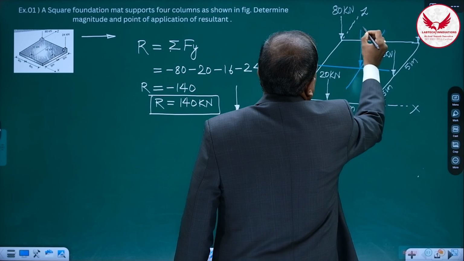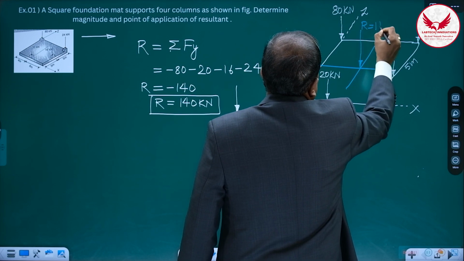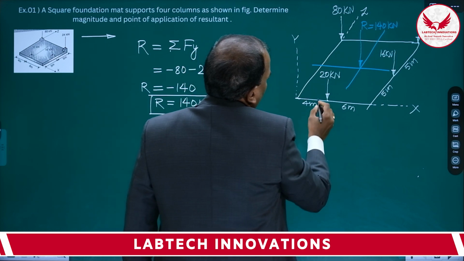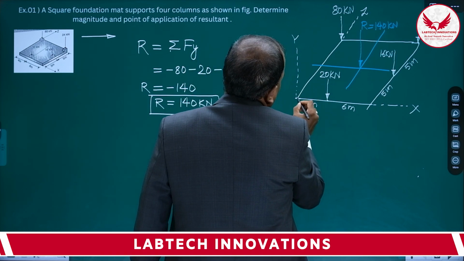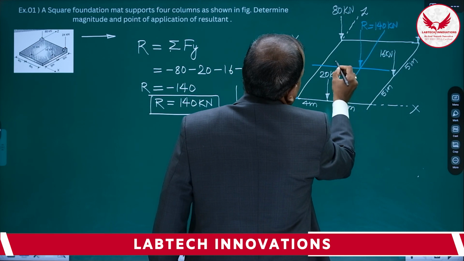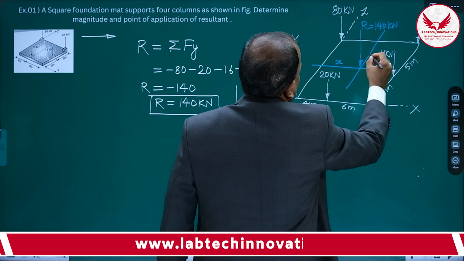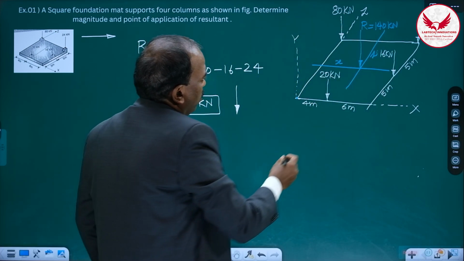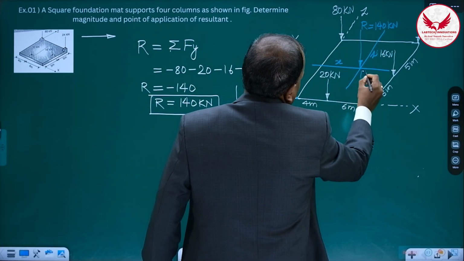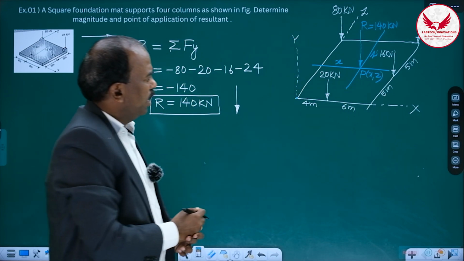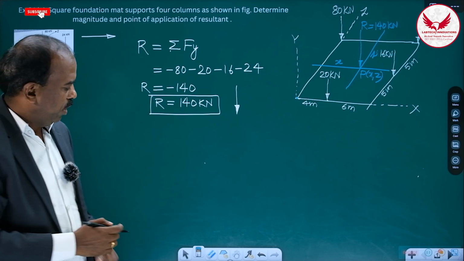R is equal to 140 kilonewton. And now see, this is going to be the origin, means towards x it is the x coordinate, and towards z it is the z coordinate. Its y coordinate is going to be 0. Means this resultant is acting at P and its coordinates x, z we have to calculate. So these two coordinates we have to calculate.